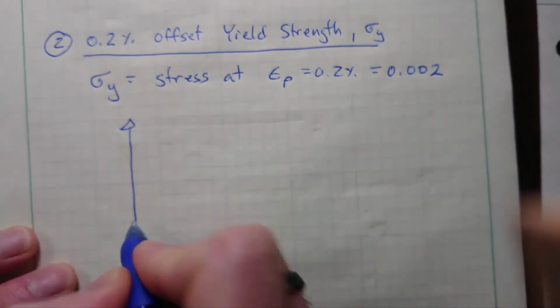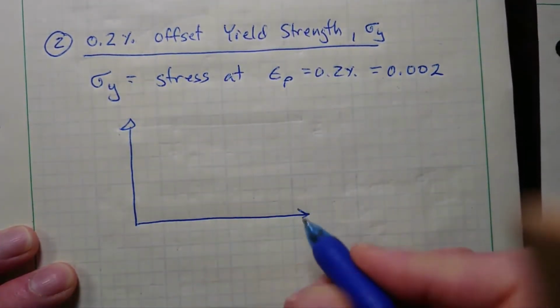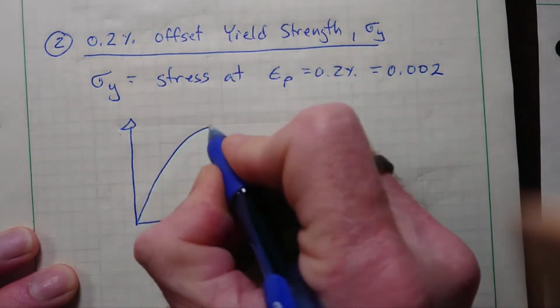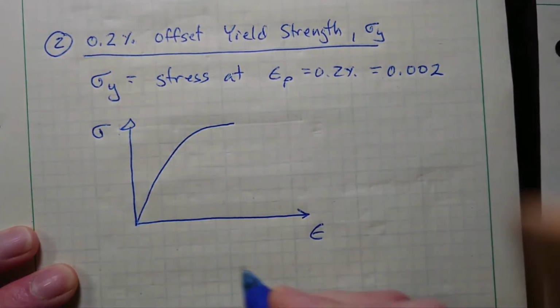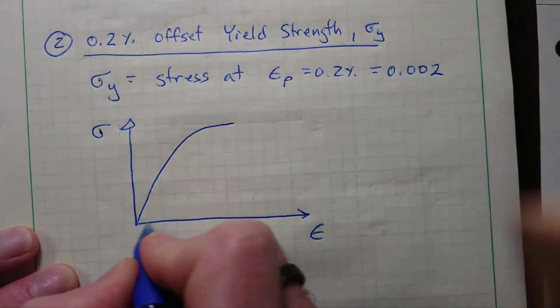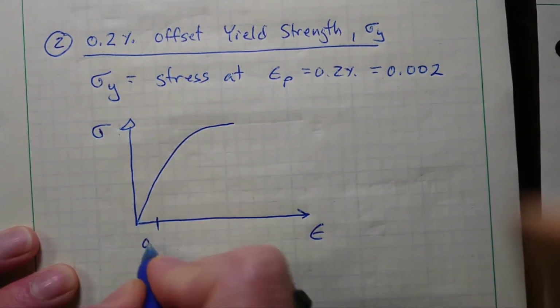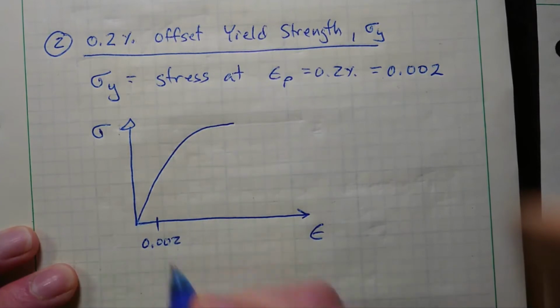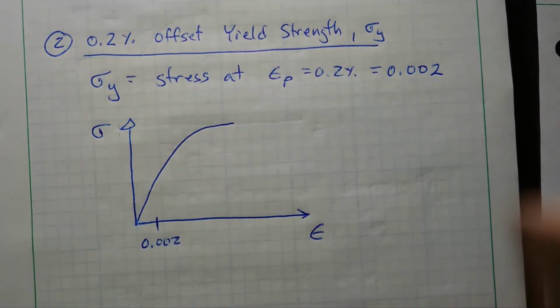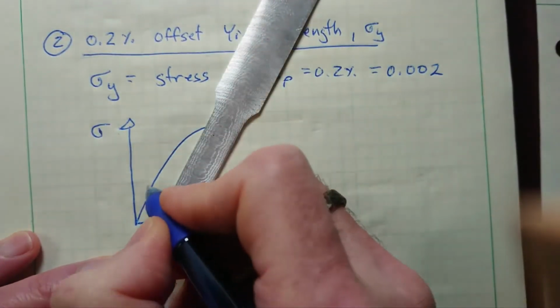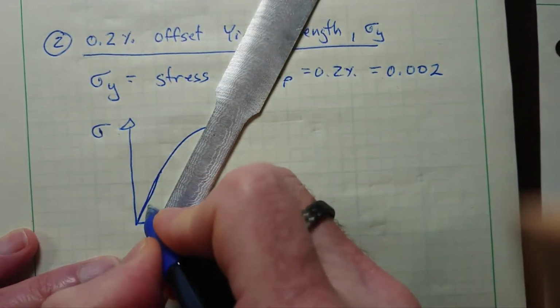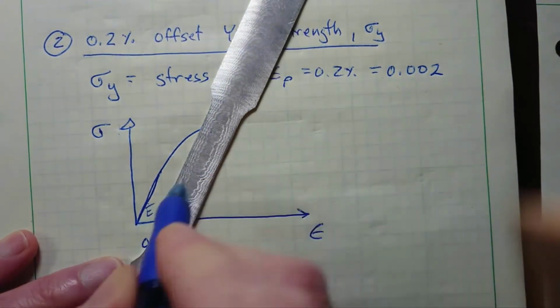So the way somebody calculates sigma y from a stress strain diagram is, find on the strain axis a strain of 0.002 and draw a line parallel to the initial slope.